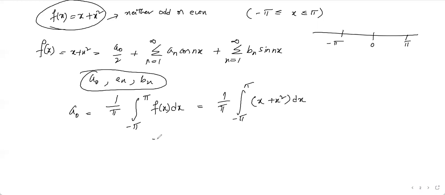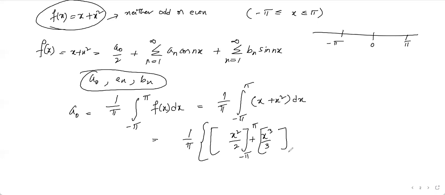Integrating with respect to x, this is 1 by pi, x squared by 2 plus x cubed by 3, over the interval minus pi to pi.